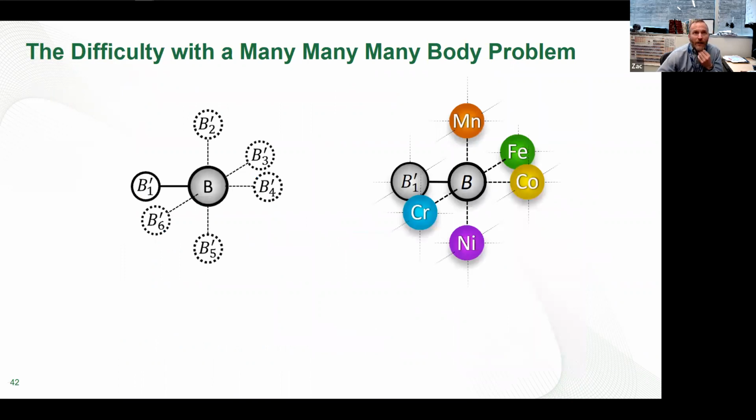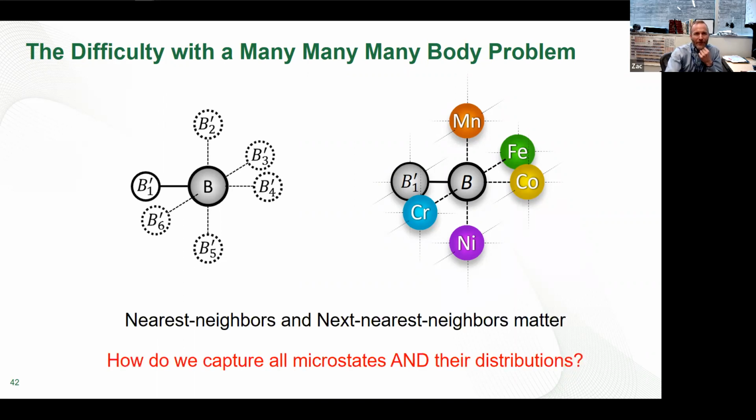So to close out, I want to point out something that you all are very well aware of, and that's some of the difficulties and opportunities with these systems. I'm going to call this the difficulty with the many-body problem, right? The problem is nearest neighbors, especially in these correlated systems. Obviously nearest neighbors matter, but maybe your next nearest neighbors also matter.